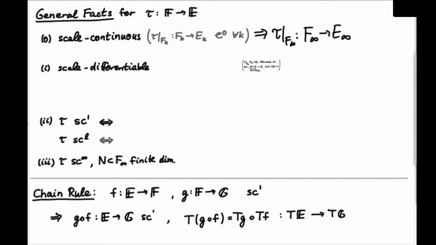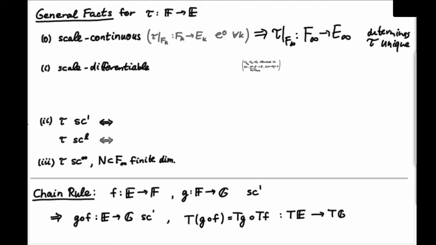And not just that, but these guys are dense in all the other spaces. So really this determines the map tau uniquely. So that's one reason why it usually is enough to write down what your operators or maps are on the smooth maps.